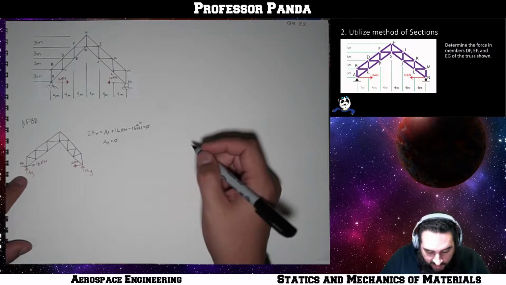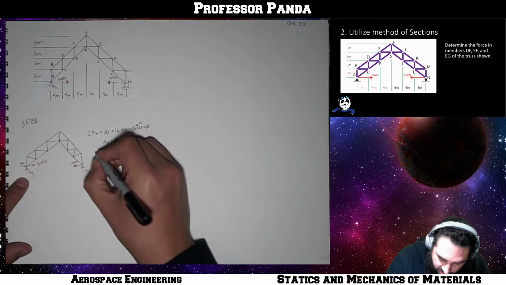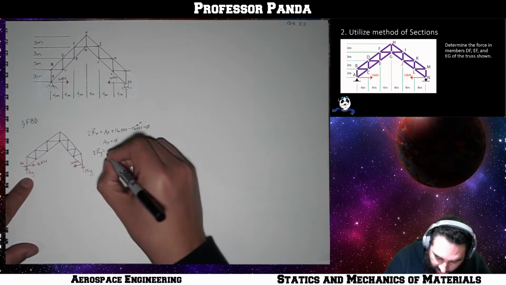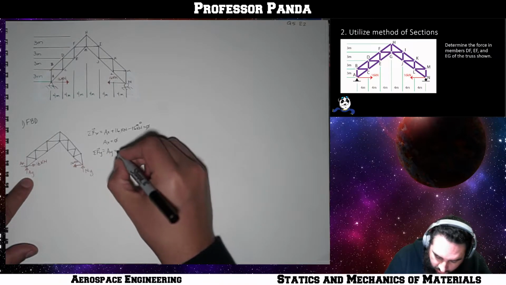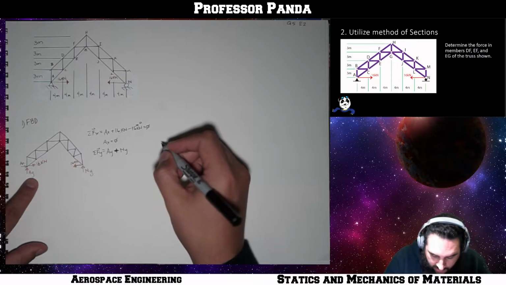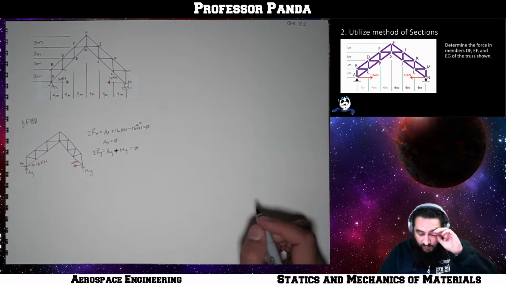Okay, next one is going to require a little bit of thinking on our behalf. So let's do the sum of the forces in the Y direction. We're going to have AY plus NY equal to 0.